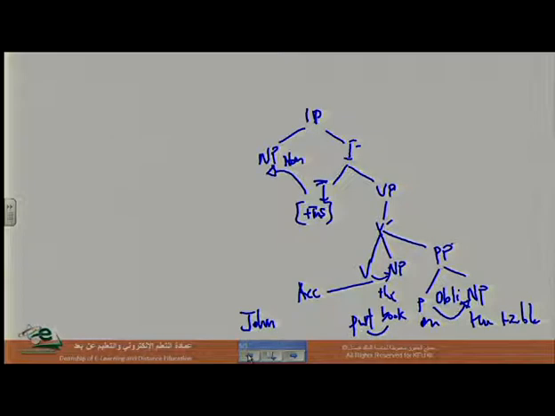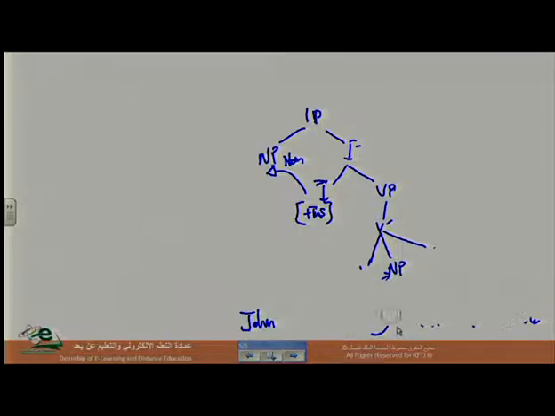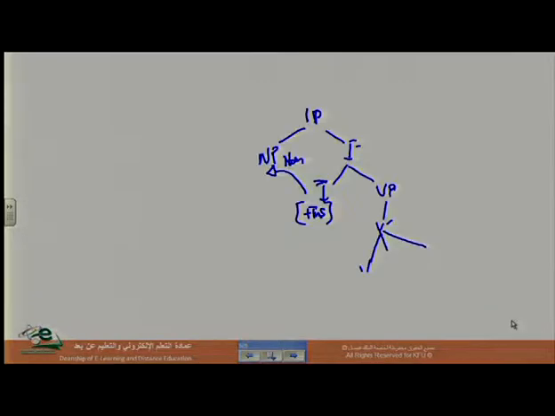Let me go back to my tree here and try to use it without having to draw another one. Now my verb is here. My object, let's say, object NP.